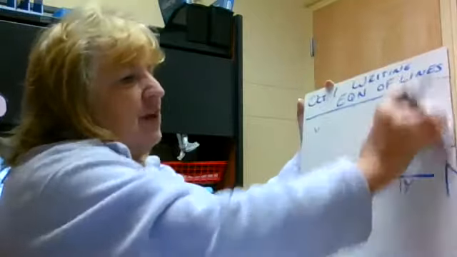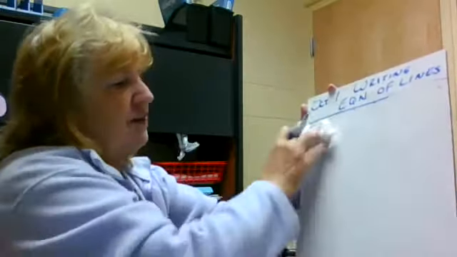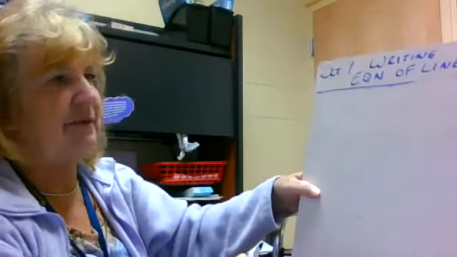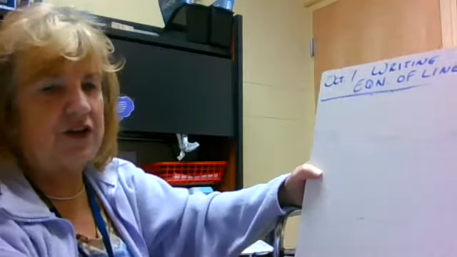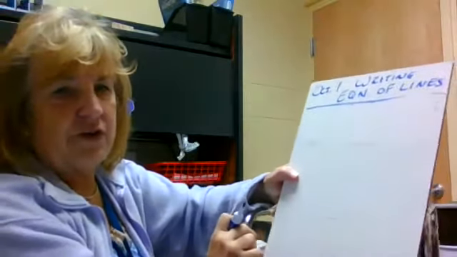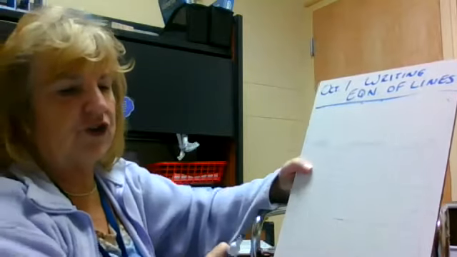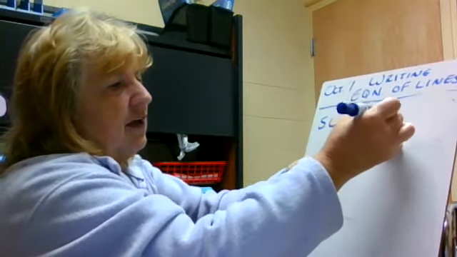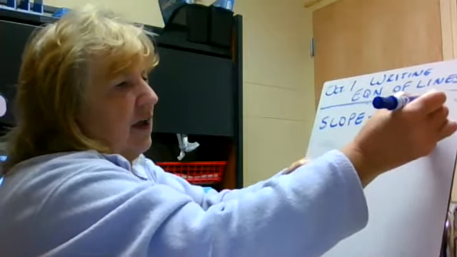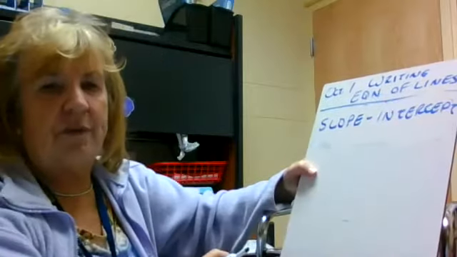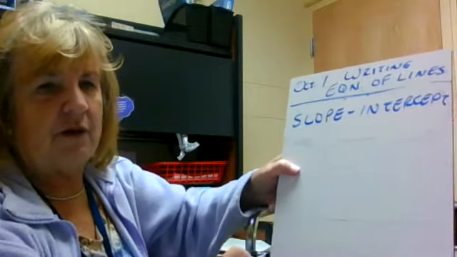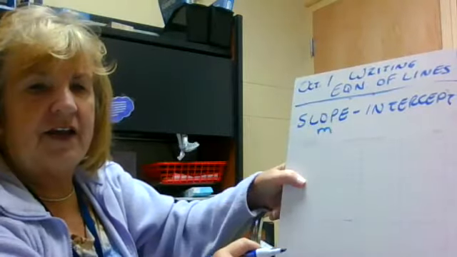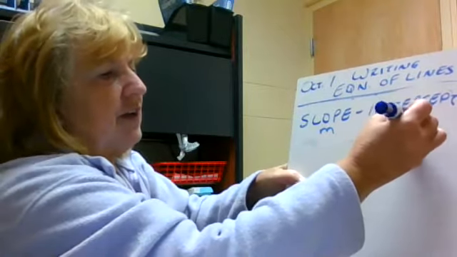Then as you move on to page 5, it talks about how to write the equation of the line, which is the main theme of this lesson. The first thing that we're going to do is look at what's called slope-intercept form. Slope-intercept form is the form that makes use of the slope, which is m, and the y-intercept.